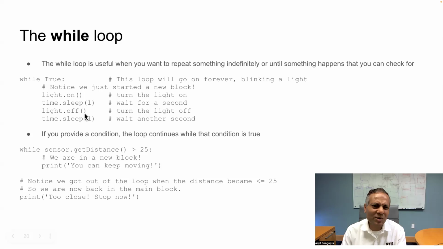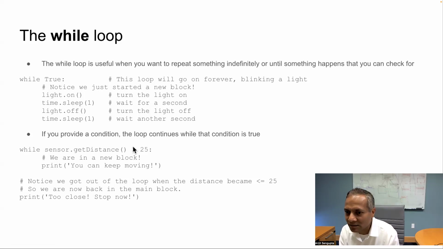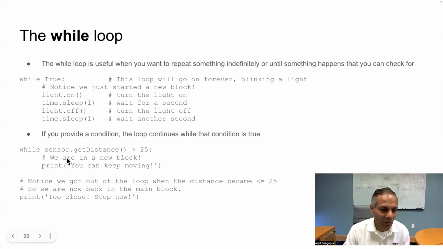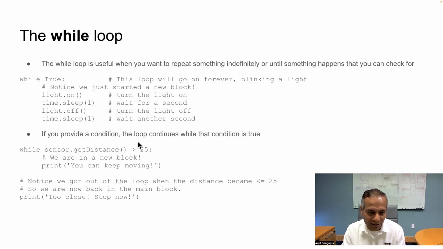Now, maybe we don't want to do forever, but maybe when a sensor triggers it or something, right? So what we could do is we could say while the sensor is greater than 25, then at that point we do something. But the moment the sensor's distance becomes not greater than 25, so either 25 or less, it's going to come right out of the block and continue doing the rest of it, right?